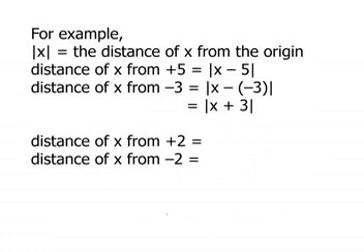So now, let's think about one more example of this. The distance of x from positive 2, again, we subtract: the absolute value of x minus 2. But for the distance of x from negative 2, we're going to subtract a negative 2, and the subtraction winds up looking like addition. And so again, this is counterintuitive.